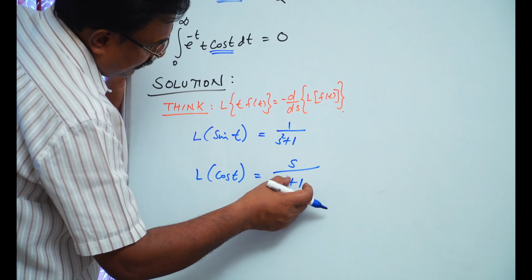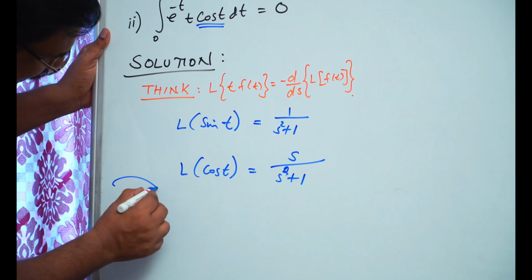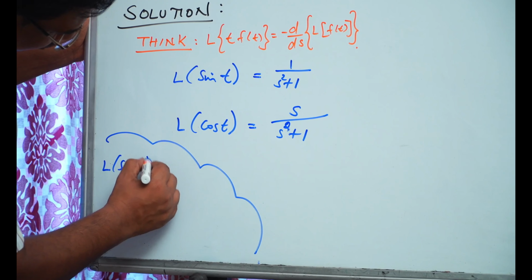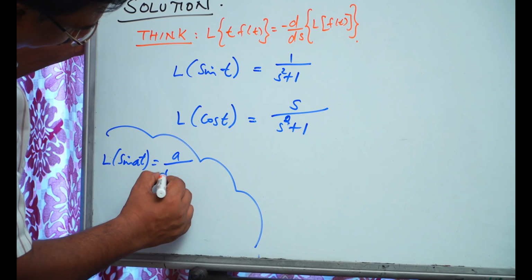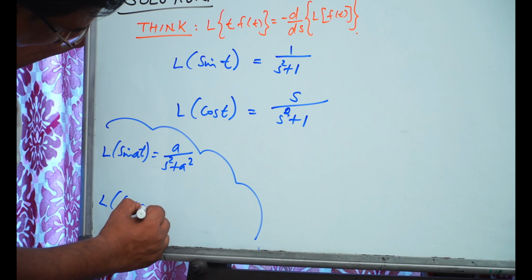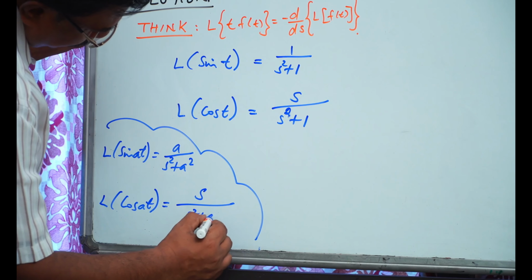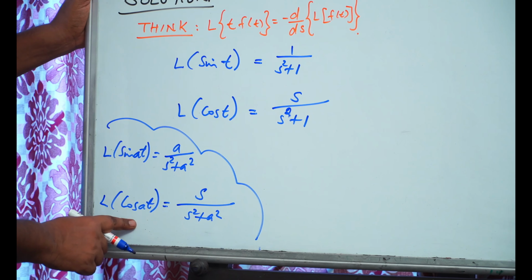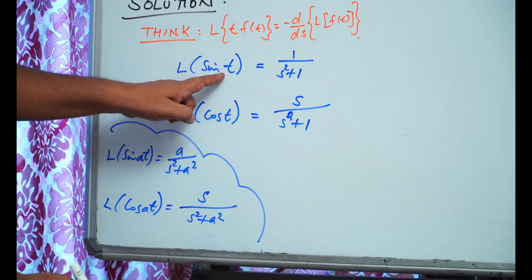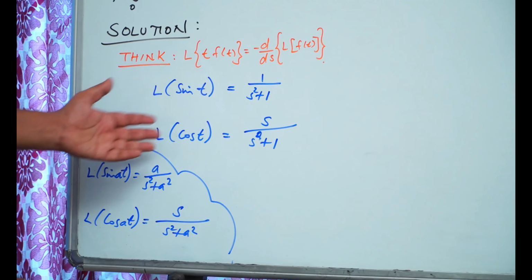These two results are standard, or otherwise, Laplace of sin at is equal to a divided by s square plus a square, and Laplace of cos at is equal to s divided by s square plus a square. Here the coefficient of t is 1, so I used 1 instead of a. Then we can proceed.